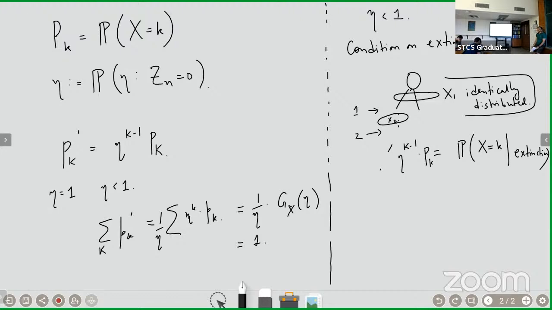Yes, so that conditional probability can be written as the probability that X equals k and extinction, divided by the probability of extinction. And the numerator will be eta to the power k. That is very good. So you're saying that you have to write this.